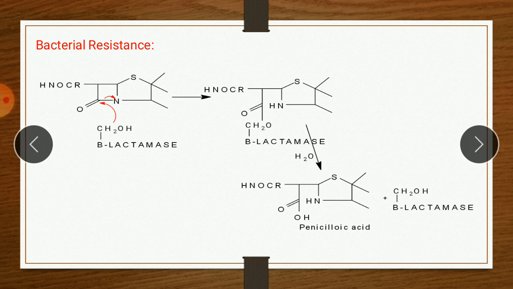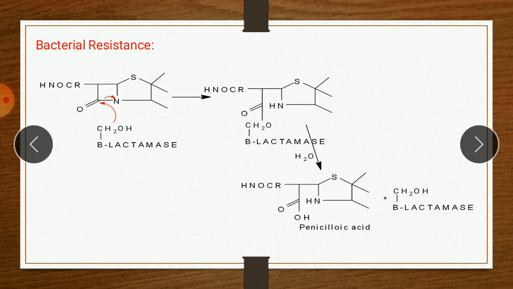Such enzymes have been given the non-specific name penicillinases, and there are two general types, that is beta-lactamases and acylases. By far the more important of these are beta-lactamase enzymes, which catalyze hydrolytic opening of the beta-lactam ring of penicillin to produce inactive penicilloic acid.